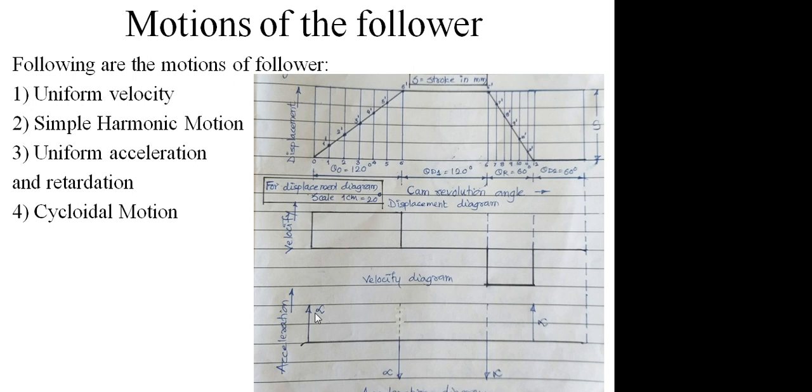Now the bodies or the components or a mechanism whose acceleration is infinite, we cannot use those mechanisms or components for a practical application. The body must have some acceleration. The bodies which have infinite acceleration are useless bodies. We cannot use those bodies for a practical application.